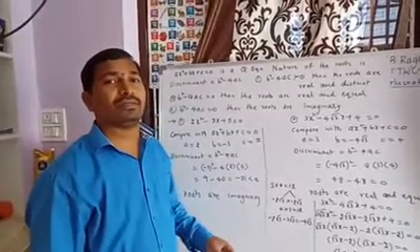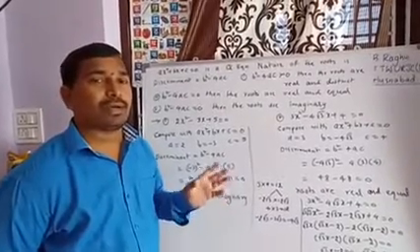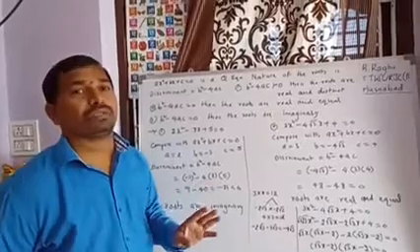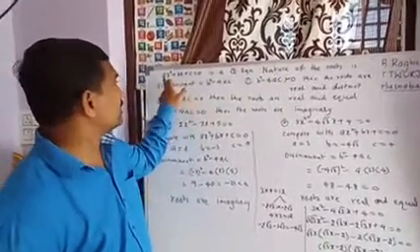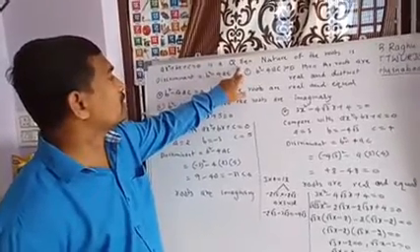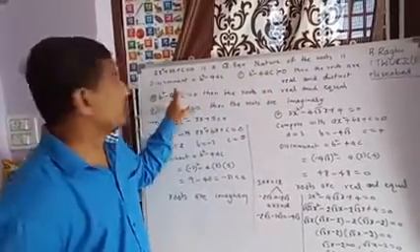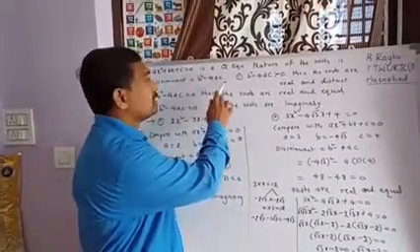We have already discussed the formula of the quadratic equation and the nature of the roots. ax square plus bx plus c equals 0 is a quadratic equation. The nature of the roots depends on the discriminant. What is the discriminant? b square minus 4ac.